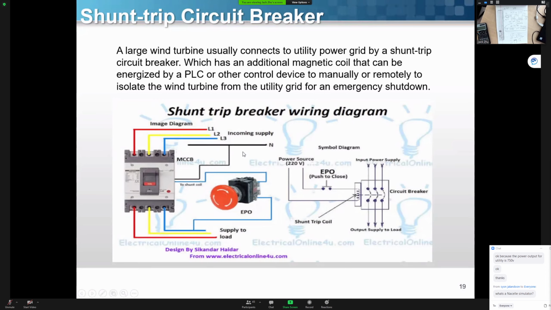Here's one more thing. When you do those online quizzes, one of the questions is going to ask you, what's the common device to connect a wind turbine to the utility power grid? The right answer is the shunt trip circuit breaker.